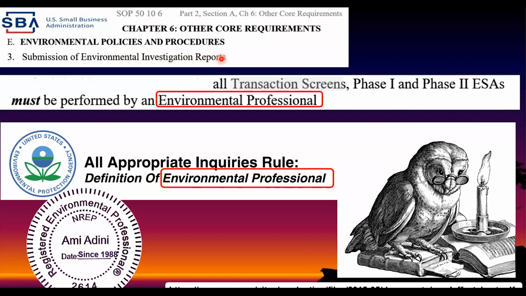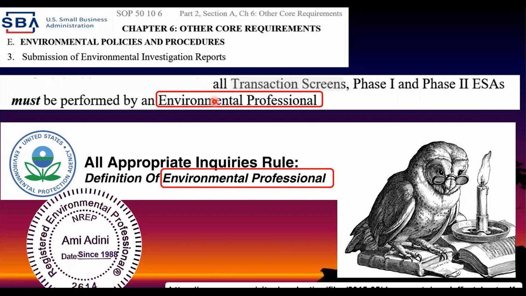These reports, they say, include transaction screens, Phase 1 and Phase 2 ESA, environmental site assessments. All of these reports must be performed, in block and bold letters, by an environmental professional.